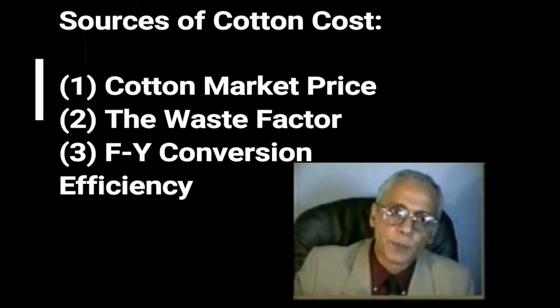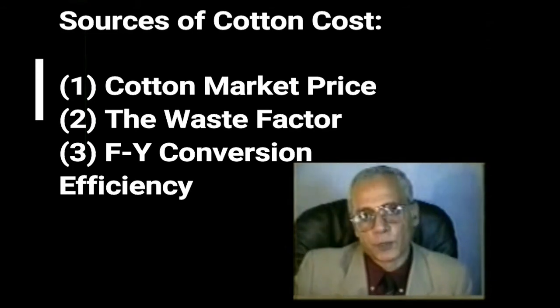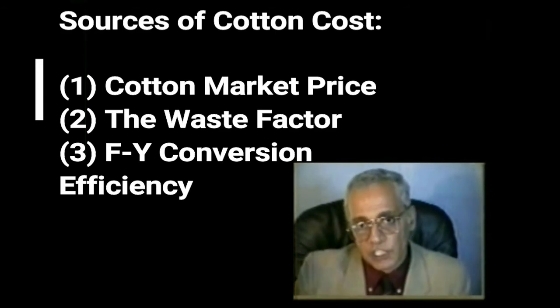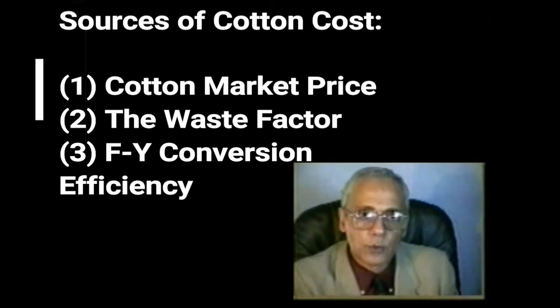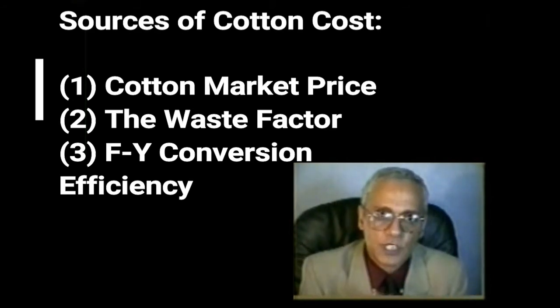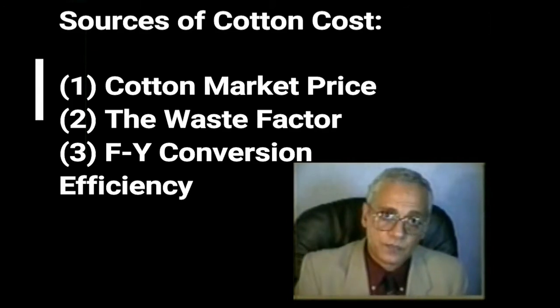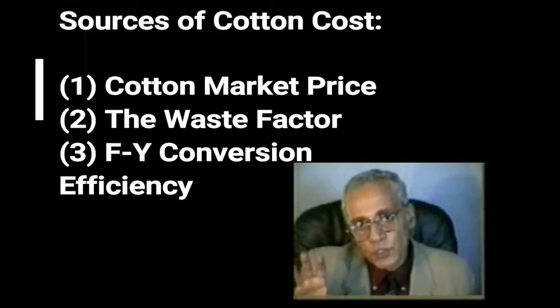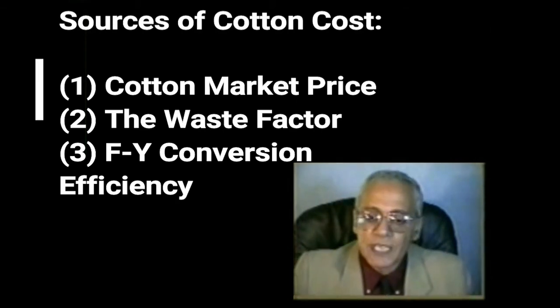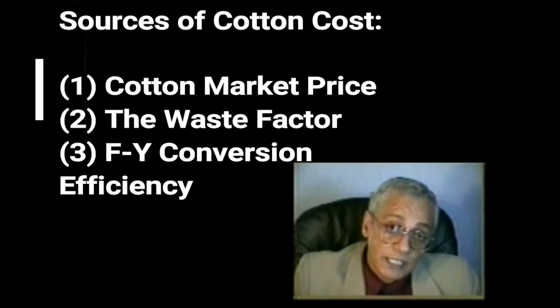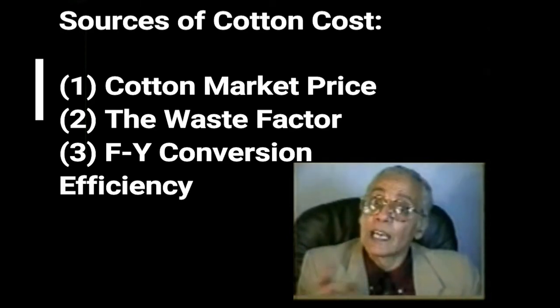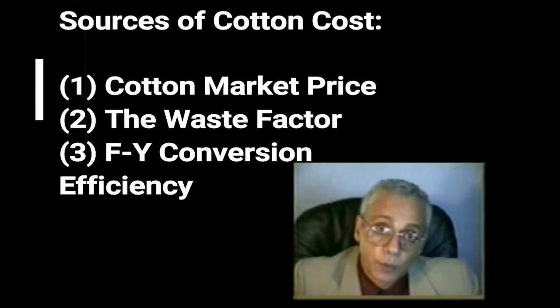So if you compare two companies, both producing denim, for example, or towels or sheets or whatever, we will find that when they go out, they actually look for fiber attributes that are within very similar ranges. So what distinguishes this company from that company would actually be the other aspects, the waste and the fiber to yarn conversion efficiency. This is what makes one company more superior or better than another, especially when it comes to profit making.